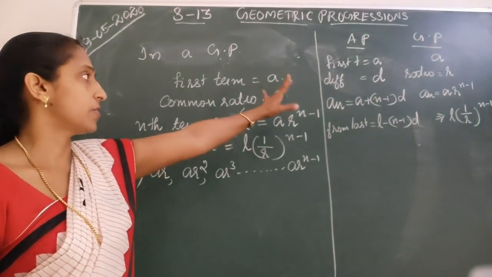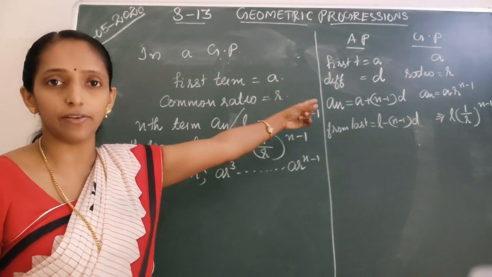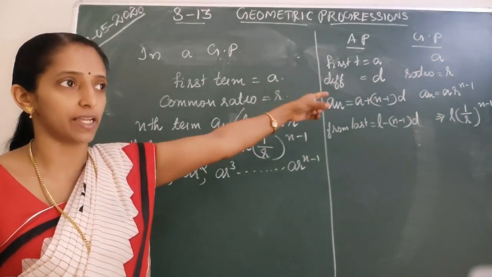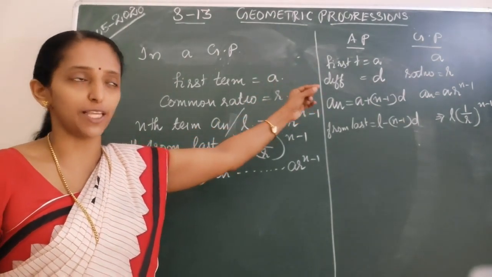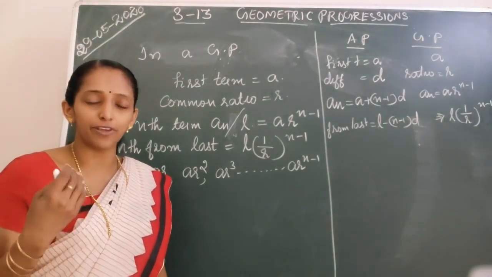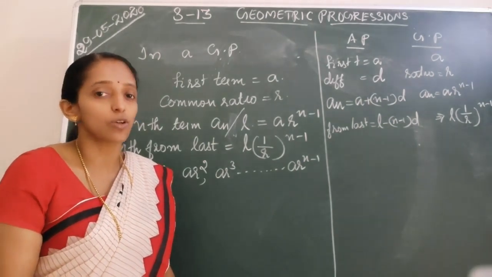There is no need to write this; I have written it there to understand the difference between AP and GP. Don't be confused between AP and GP. If instead of AP you assume the series to be GP just by seeing it, everything comes out wrong.